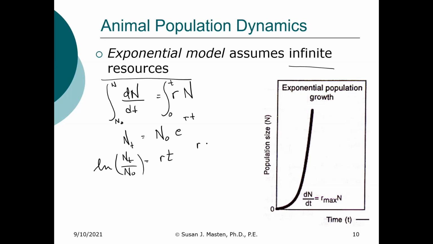If r is positive, we have growth. If r is negative, we have decay or decline in population.